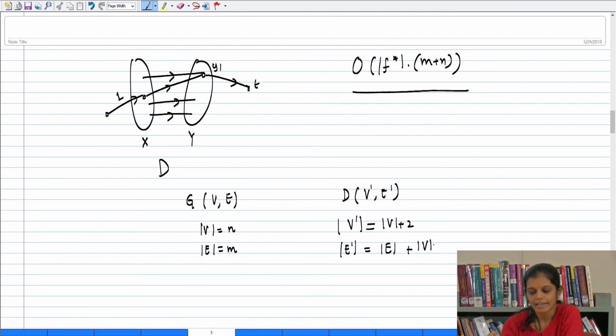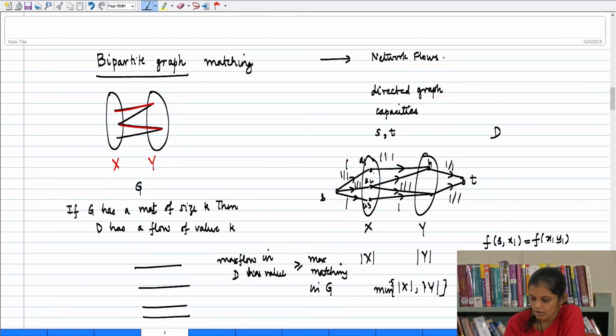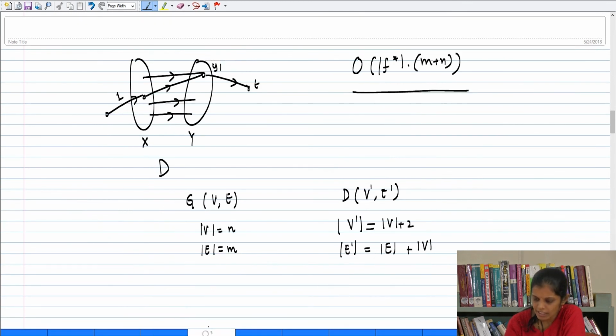And then what is the value of the max flow? So we agreed that the value of the maximum matching, or the value of the max flow in such a network, is always upper bounded by the min of the cardinalities of X and Y. So in fact one can upper bound the value of the max flow by V, the number of vertices in this original graph, which is slightly weaker.